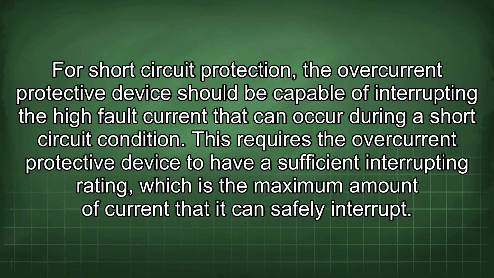For short-circuit protection, the overcurrent protective device should be capable of interrupting the high fault current that can occur during a short-circuit condition. This requires the overcurrent protective device to have a sufficient interrupting rating, which is the maximum amount of current that it can safely interrupt.